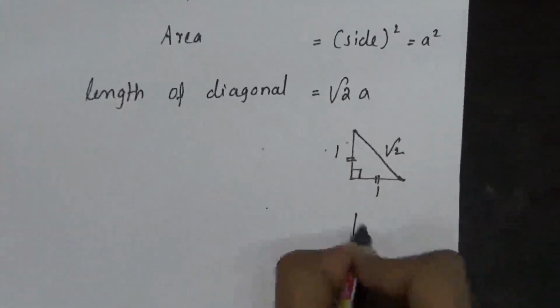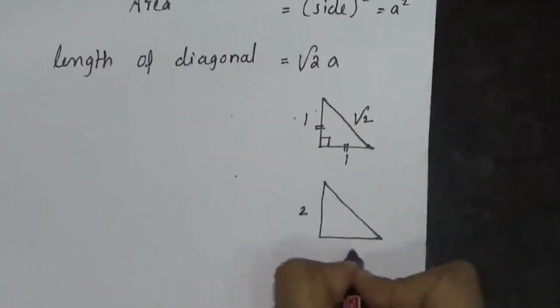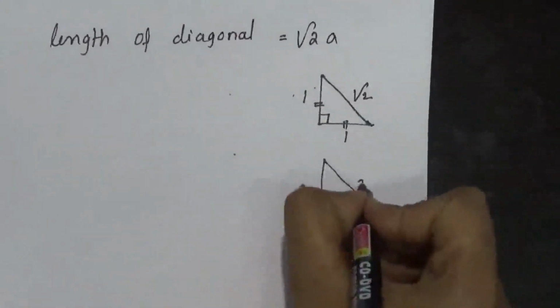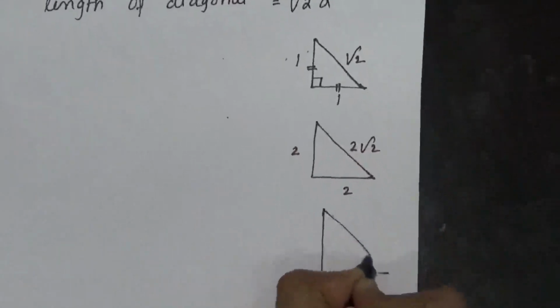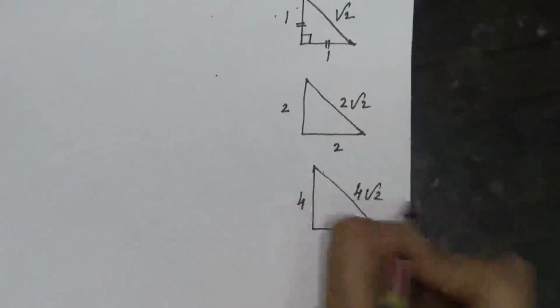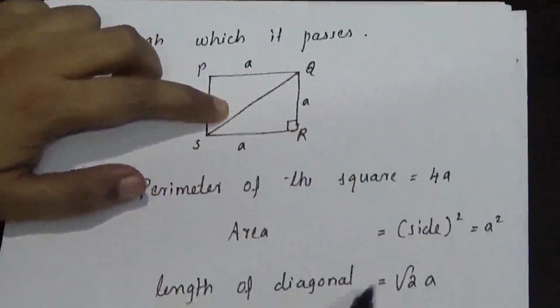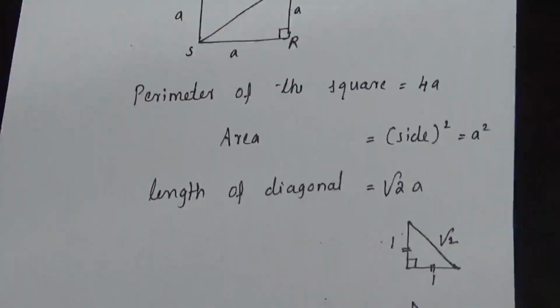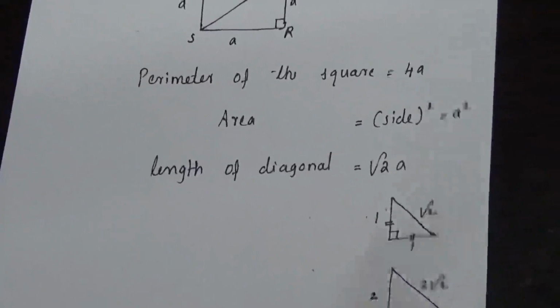If in a right angle triangle the two sides are 2 units, then the hypotenuse will be 2 root 2. If the sides are 4, then the hypotenuse will be 4 root 2. So here, A and A, this will be A root 2. So the length of the diagonal of a square is equal to root 2 A. Now let's consider the second type of quadrilateral. It is the rectangle.